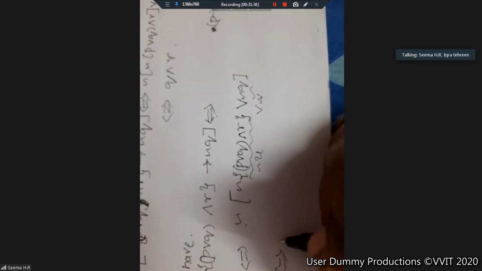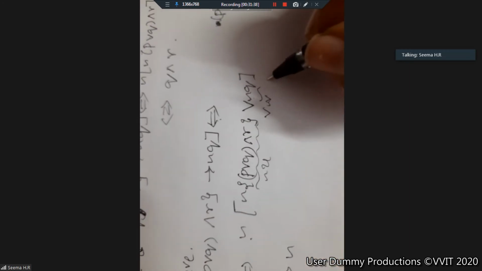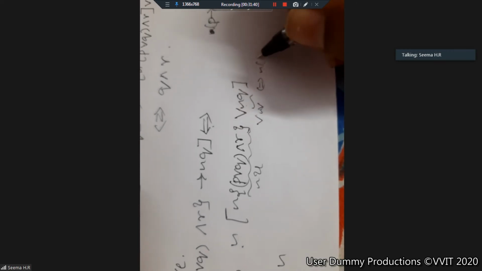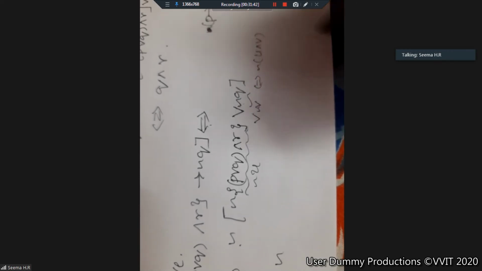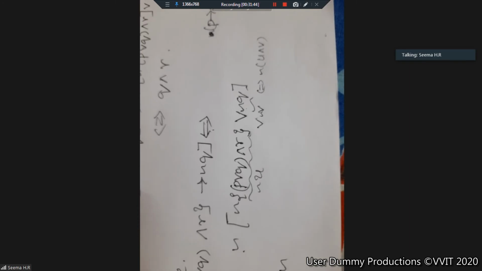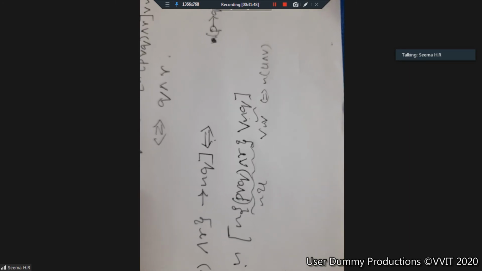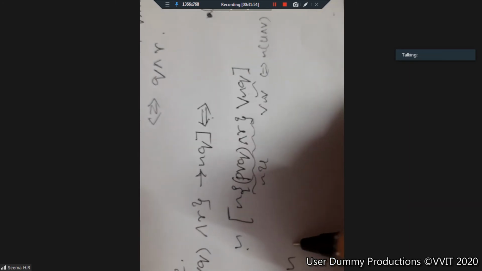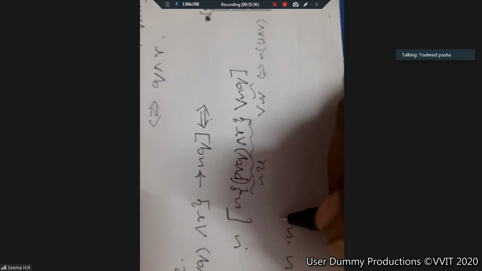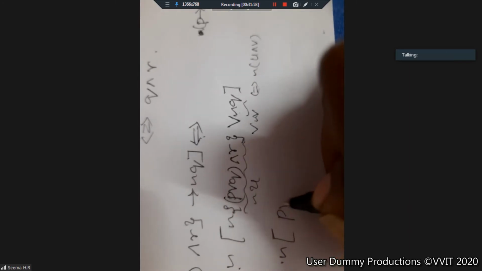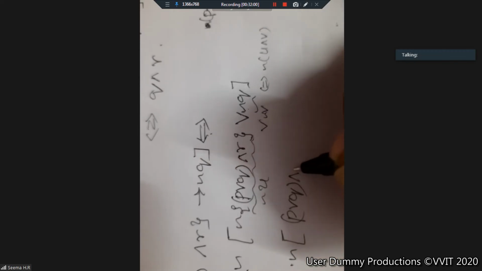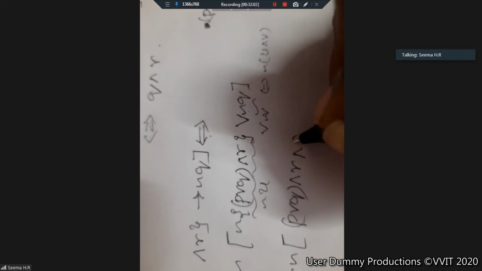So equivalently you will write it as negation of U and V. Correct? Yes, ma'am. But what is there in place of U? P or Q and R, and Q.